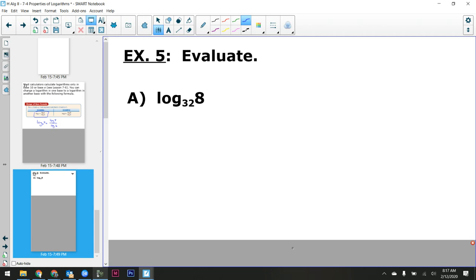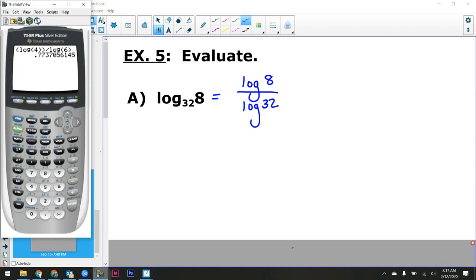And you fancy people could just technically use the log base function in your calculator, but I can't do that. The original base always goes into the denominator. Don't make it log of 32 divided by log of 8. It's log of 8 divided by log of 32.